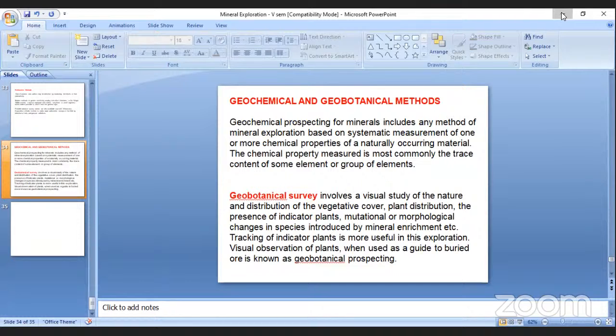So we need to go to the reconnaissance survey. In large areas, we collect the samples randomly and make the map in reconnaissance.